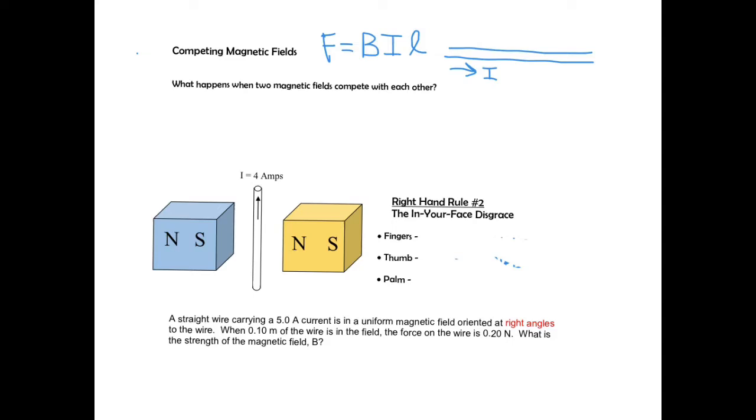So we said the thumb would point in the direction of the current, which would be to the right, and then our fingers would wrap around the wire, and our notation was that they would come out of the screen above the wire and into the screen below the wire.